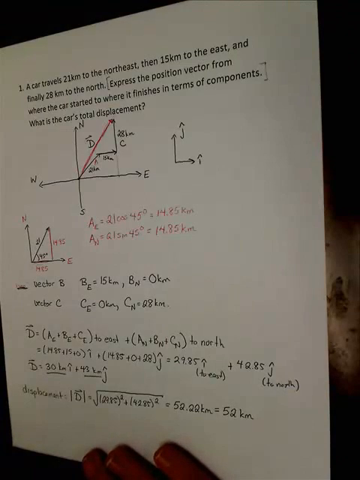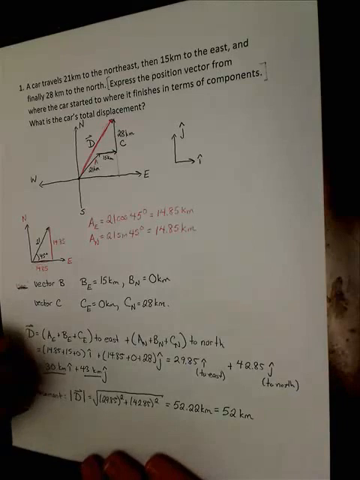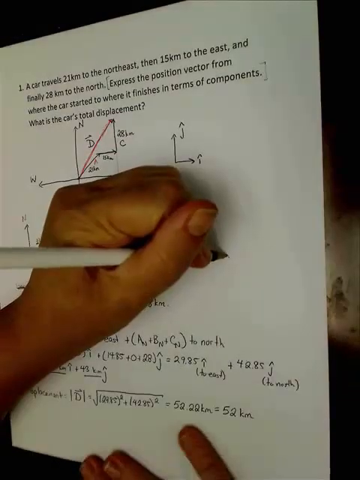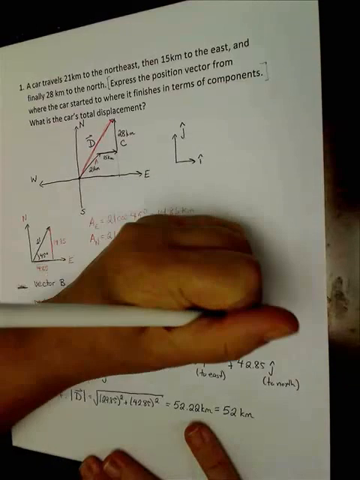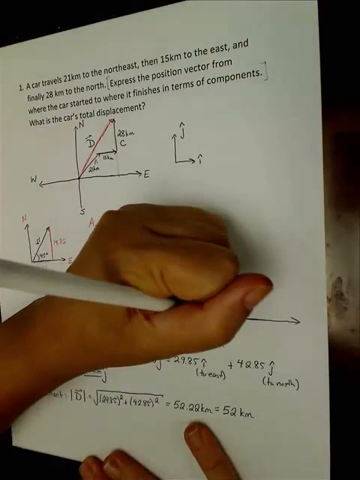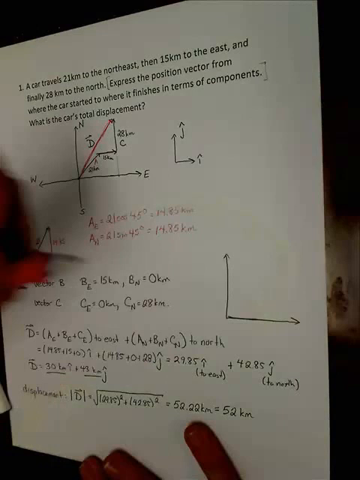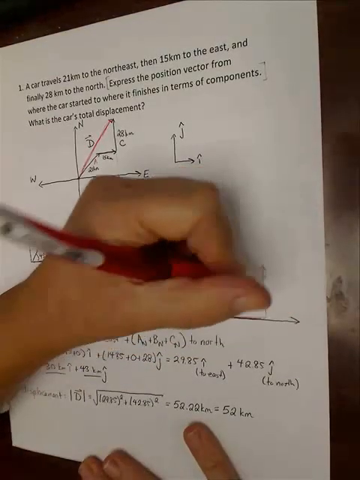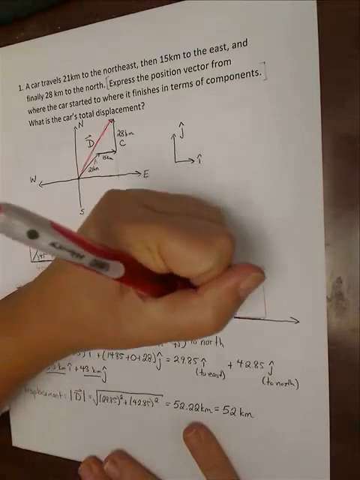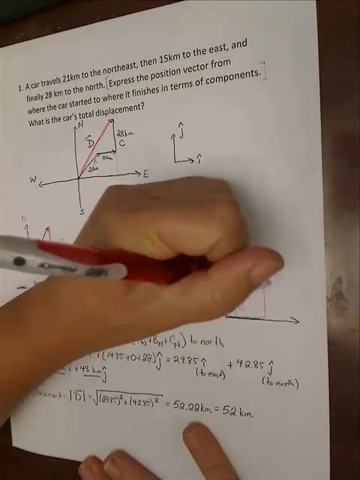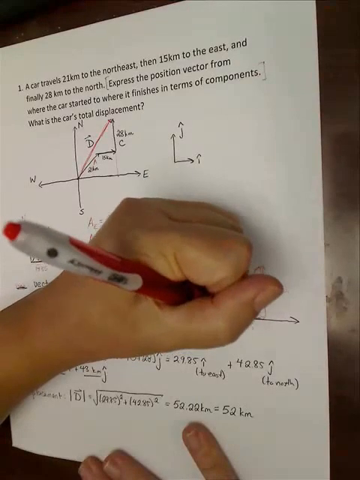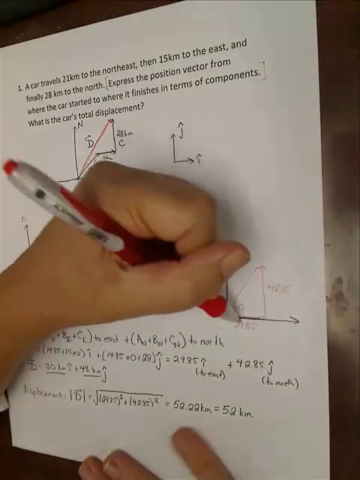Another thing you might be asked is, what is the angle at which the car moves? Well, now if I draw my displacement vector, my displacement vector is about 30 to the east. Let me draw that in red. 30 to the east and 43 to the north. So if I want to solve for this angle here, I've got 42.85 and 29.85. The tan of that angle is opposite over adjacent.